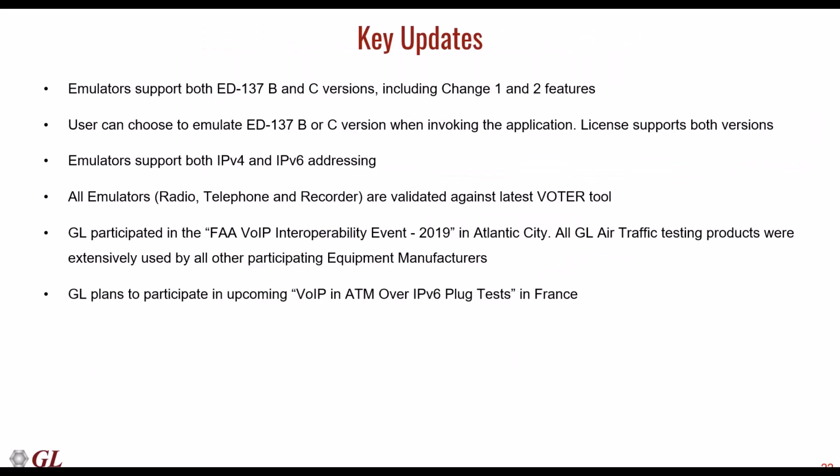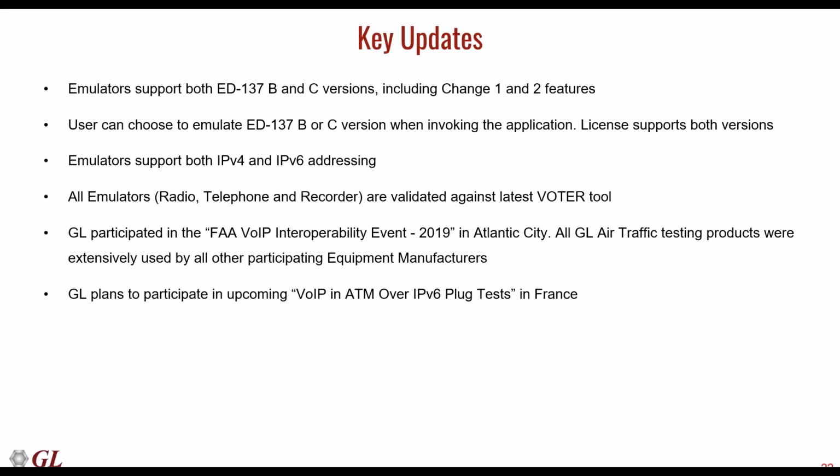So in this slide, we are just trying to provide some key updates regarding the emulators. All the emulators support both B and C versions, and we always keep them upgraded to whatever changes are released over the standard specifications. When we invoke the application, the user will have the choice to choose either the B version or the C version.